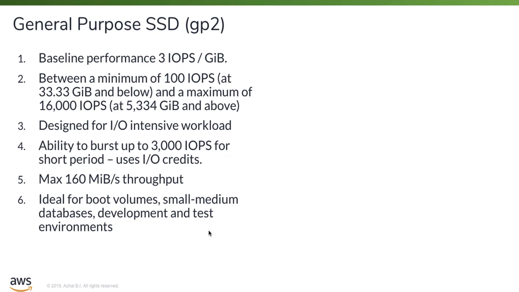If you want to move it to production, probably you could go to provisioned IOPS, but you can always use this general purpose SSD for production as well, but mind the IOPS which is provided by the general purpose SSD.